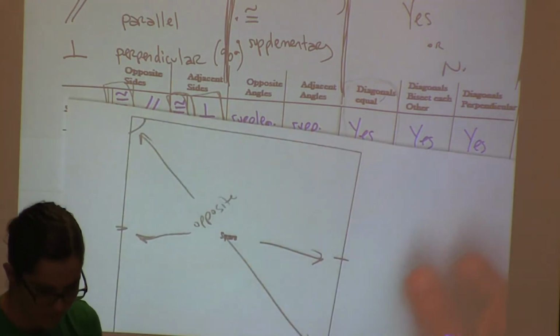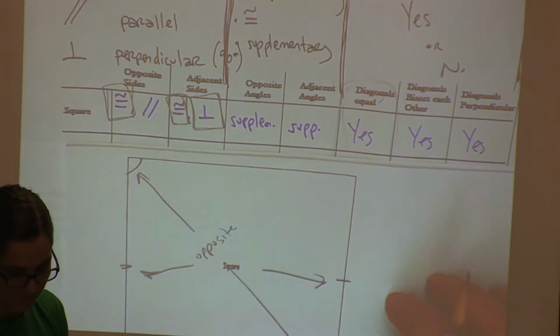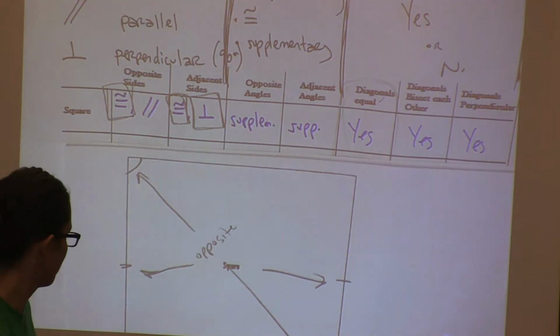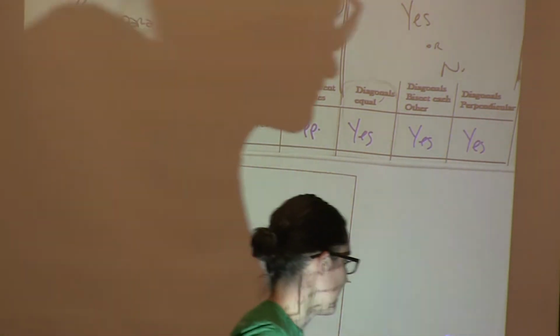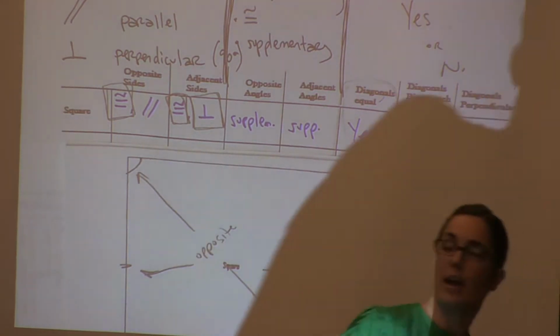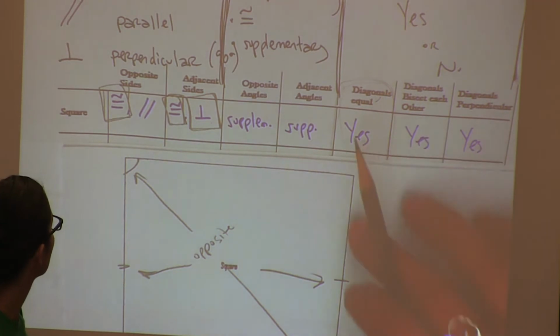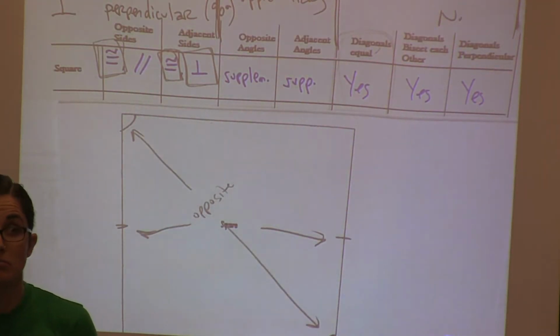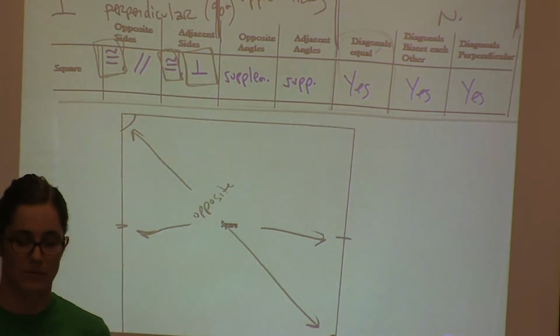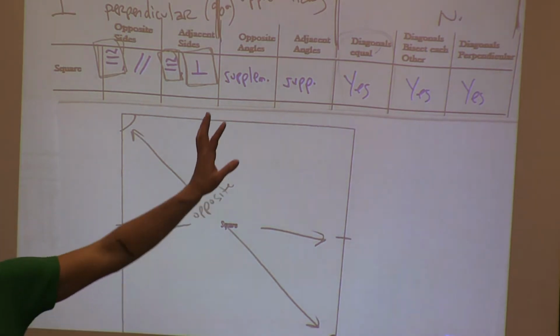The diagonals meeting at 90 is then part of the properties of a square. We're okay with these?